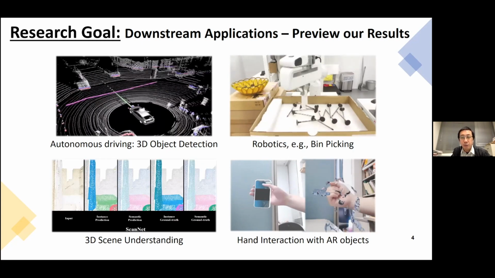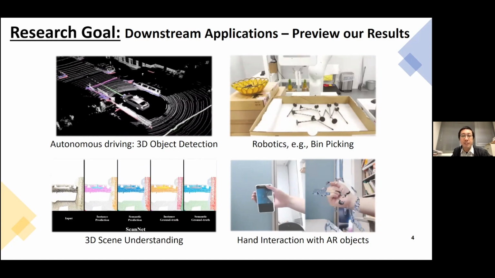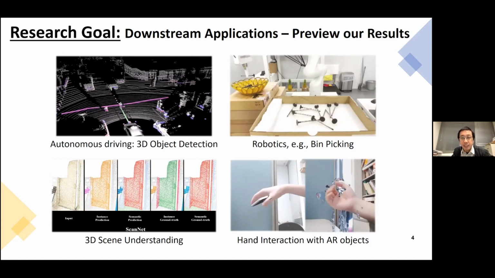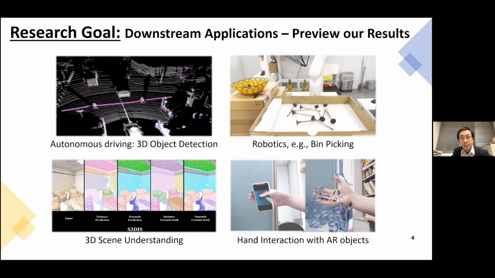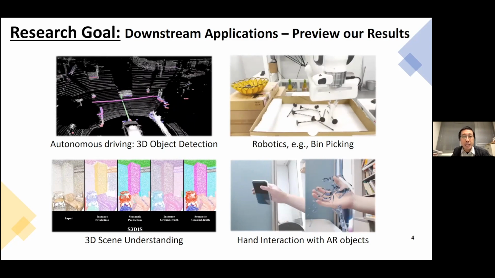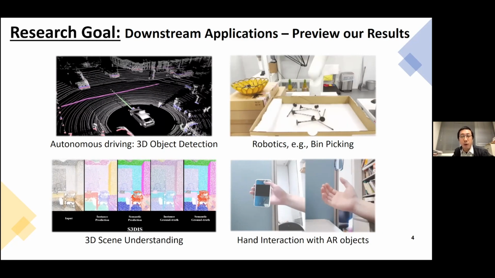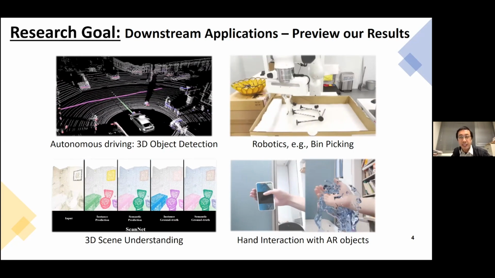Here, I show you some of the applications that my group has done, which include real-time 3D object detection and 3D scene understanding. Recently, we also worked on some projects with mechanical engineering researchers, and our goal is to enable robots to have a 3D perception of the environment such that we can effectively pick small objects in a bin.